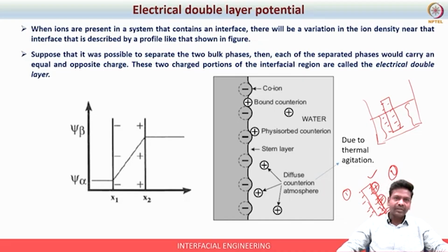That is because of the electroneutrality condition. So this process is called electrical double layer, and interaction based on this electrical double layer is called electrical double layer interaction.